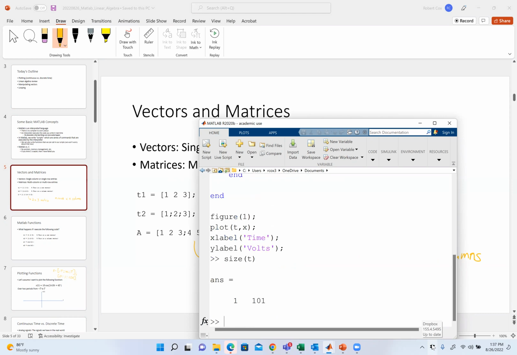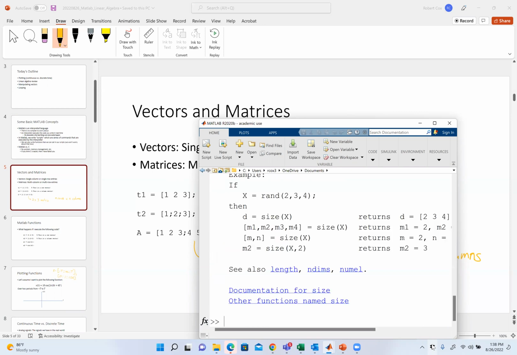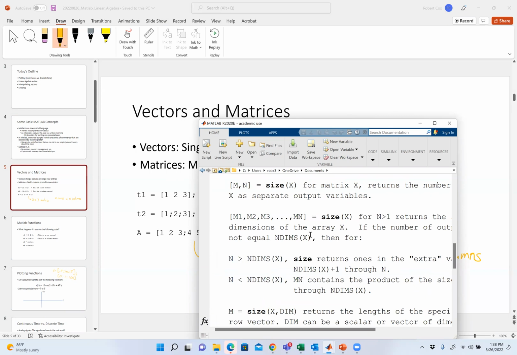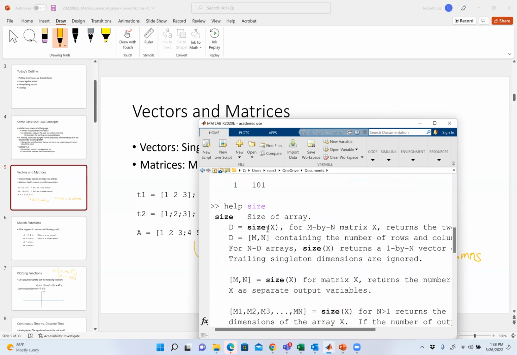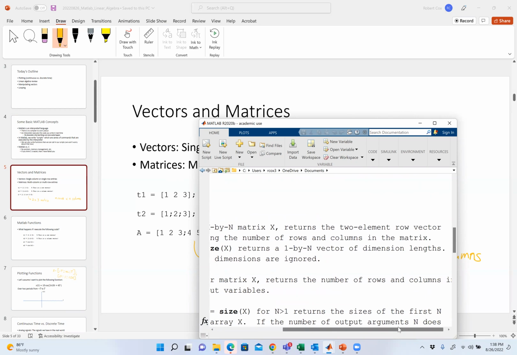Now, if I want to know how that command works, like what did I just see? I can type help size, or I can go to Google and just put that in there. So size will tell me what this is. It tells me the output is an m by n matrix, the number of rows and columns in the matrix.